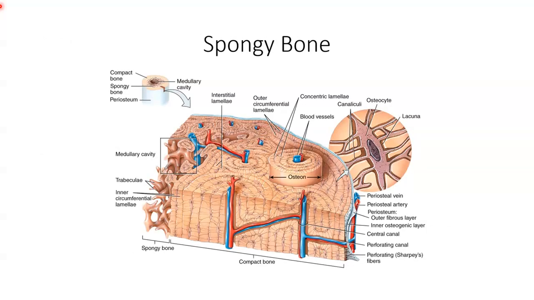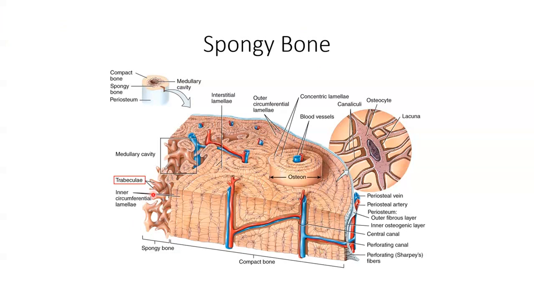Spongy bone, which is also referred to as cancellous bone, is always located in the interior of the bone, protected by a layer of compact bone. Instead of osteons, it's made up of lamellae arranged in an irregular pattern of thin columns, which we call trabeculae. Between the trabeculae are spaces that are visible to the naked eye, so you can see the gaps in between those trabeculae.